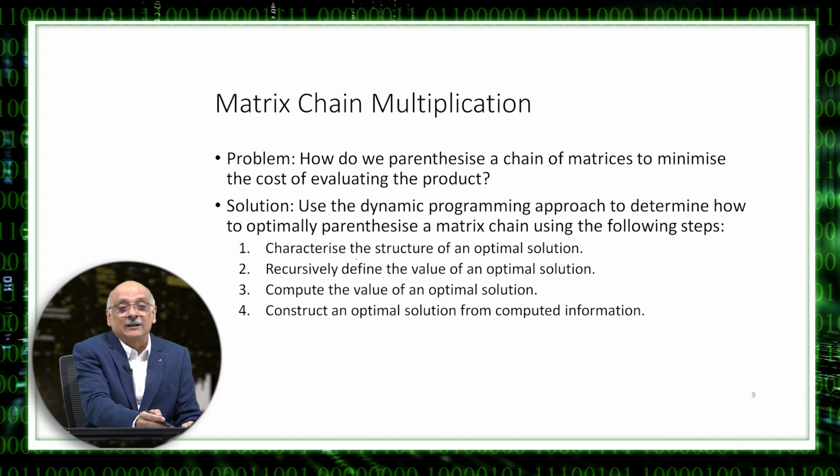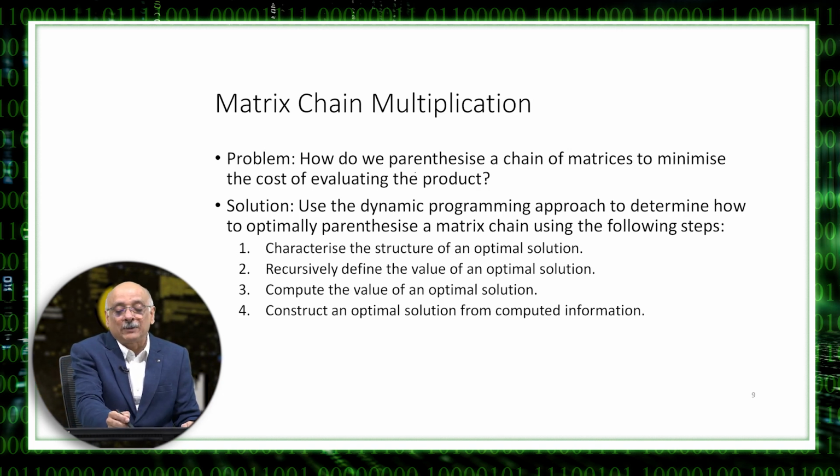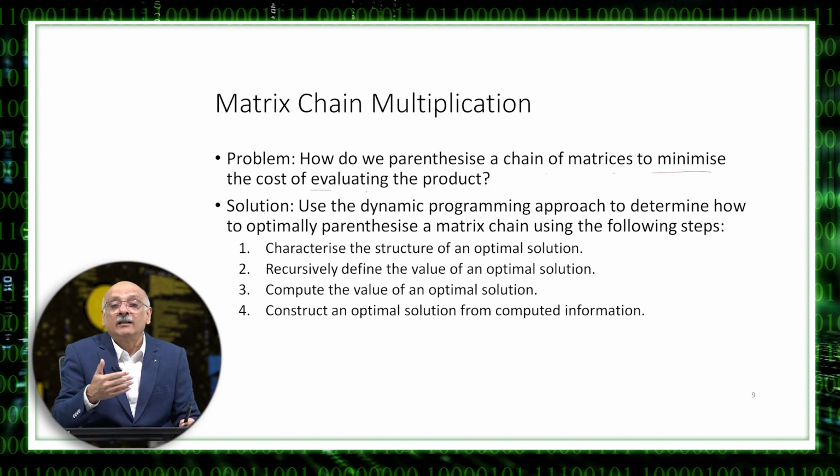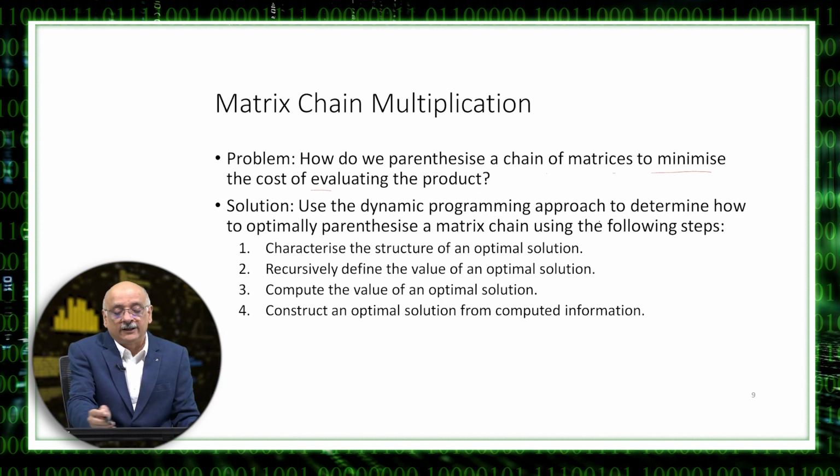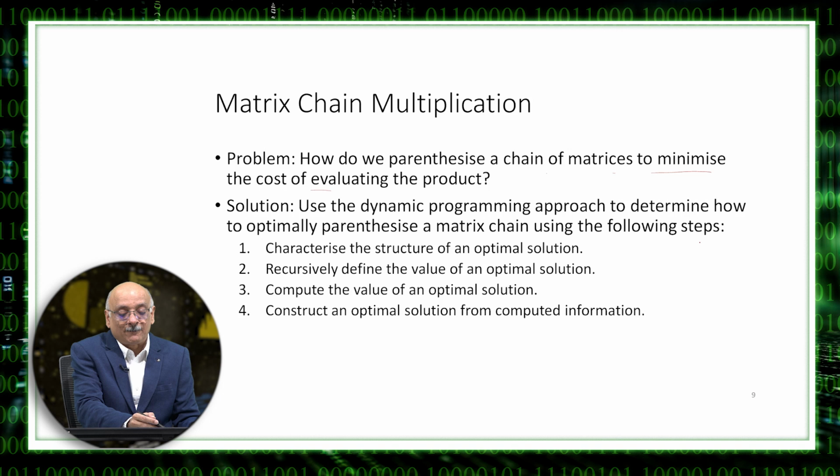Alright, so let us formally define the problem. How do we parenthesize a chain of matrices to minimize the cost of evaluating the product? So what is the solution? Use the dynamic programming approach to determine how to optimally parenthesize a matrix chain using the following steps.